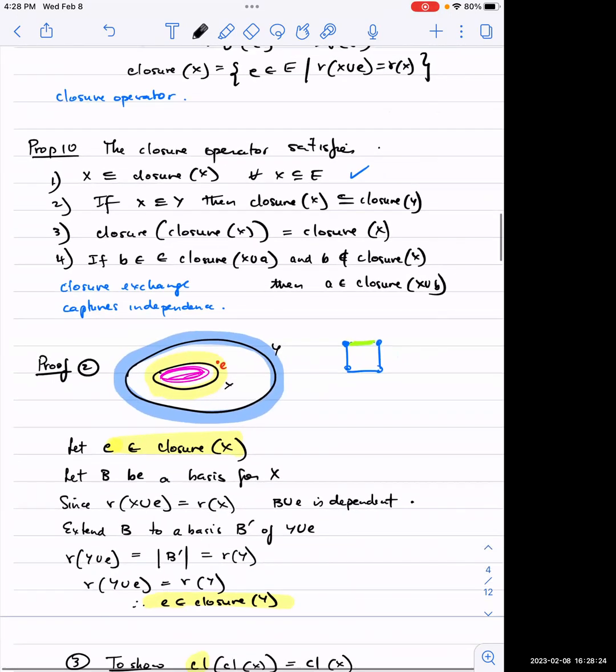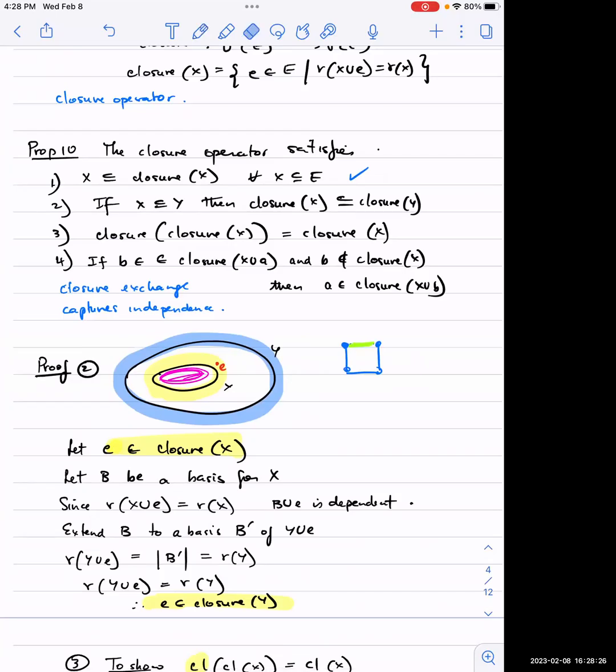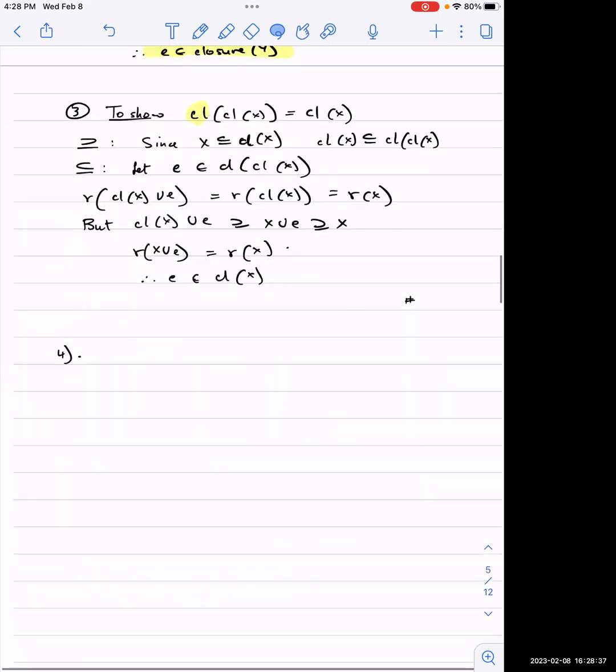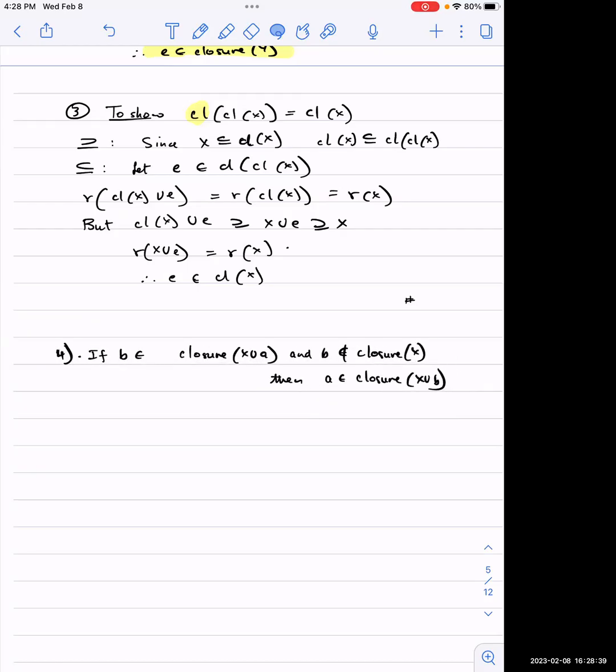If B is in the closure of X union A, right? So if B is in the closure of X union A and B is not in the closure of X, then A has to be in the closure of X union B. So let's try and get a little picture going here.